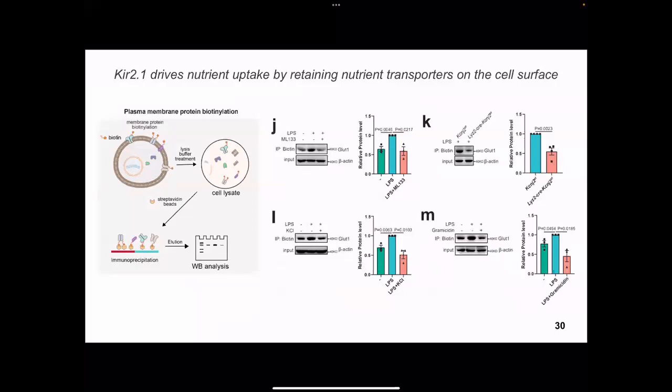And we found that the impaired nutrient uptake of macrophages with a depolarized membrane potential is possibly because of the loss of the critical nutrient transporters on the cell surface.